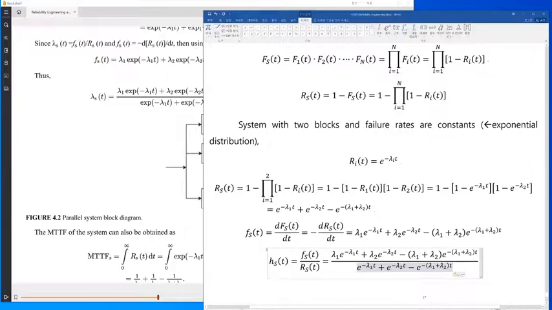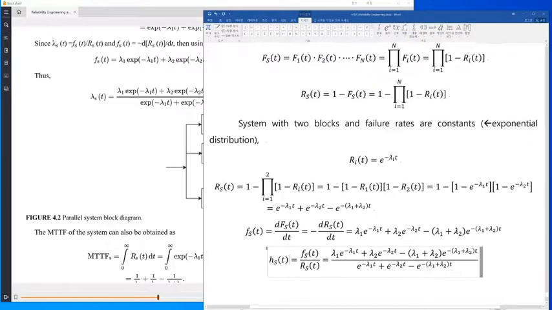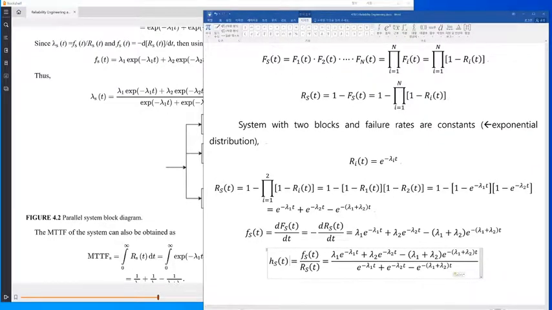And this becomes the hazard rate or hazard function. Previously, in the case of the series system, we denoted h_s(t) as lambda s(t). And this is equation 4.10.